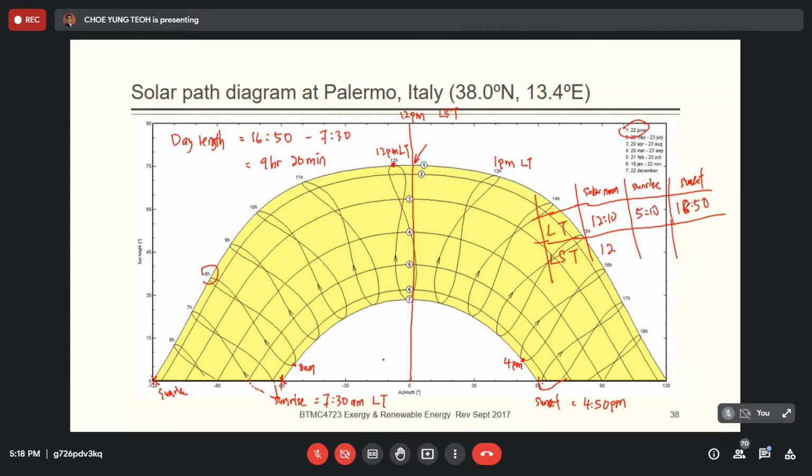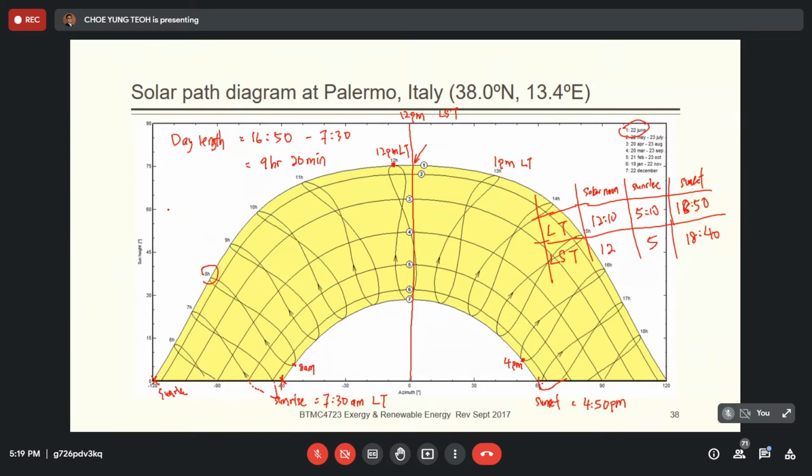Okay, so you can see that when solar noon, local time is 12:10, local solar time is 12. At sunrise, local time is 5:10, so local solar time should be 5. Okay, and then same thing for sunset. This one 18:50, so this one should be 18:40.